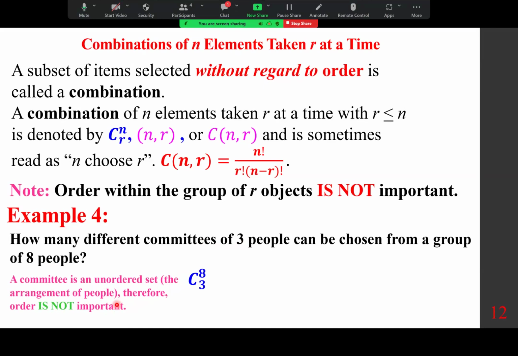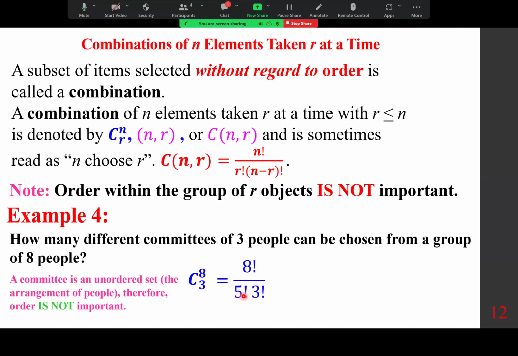So with the combination formula, we have n, which is 8 factorial, over r, which is 3 factorial, times n minus r, 8 minus 3 makes it 5 factorial. So we have 3 factorial and 5 factorial in the denominator in any order. Now, how do we simplify it? Again, here's the easy way. The largest number at the bottom is 5.